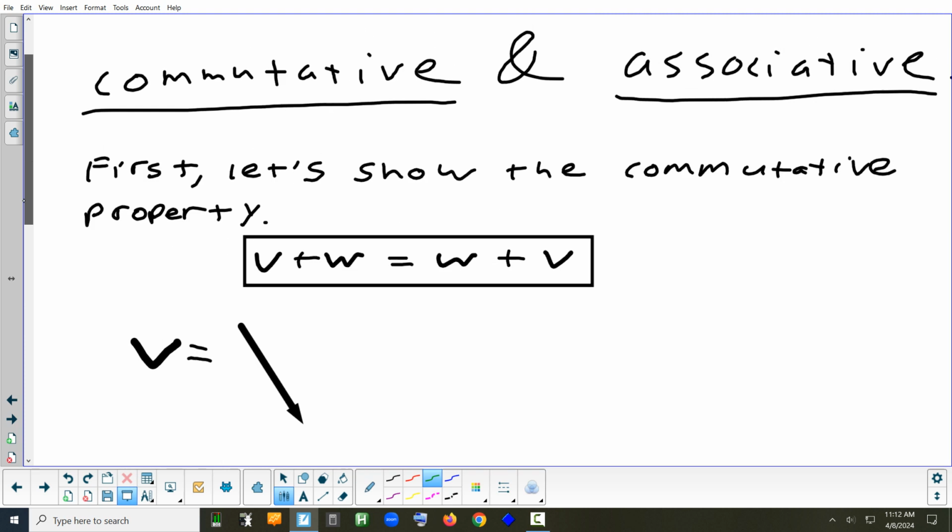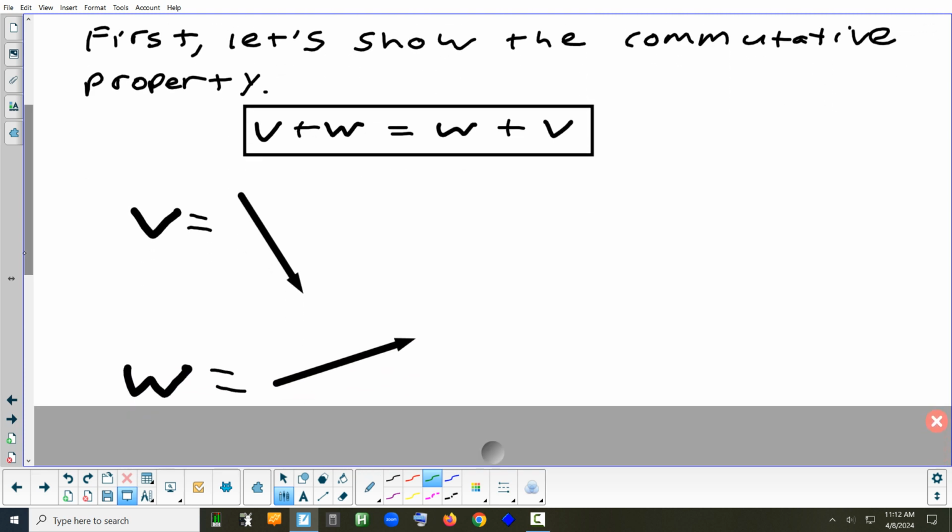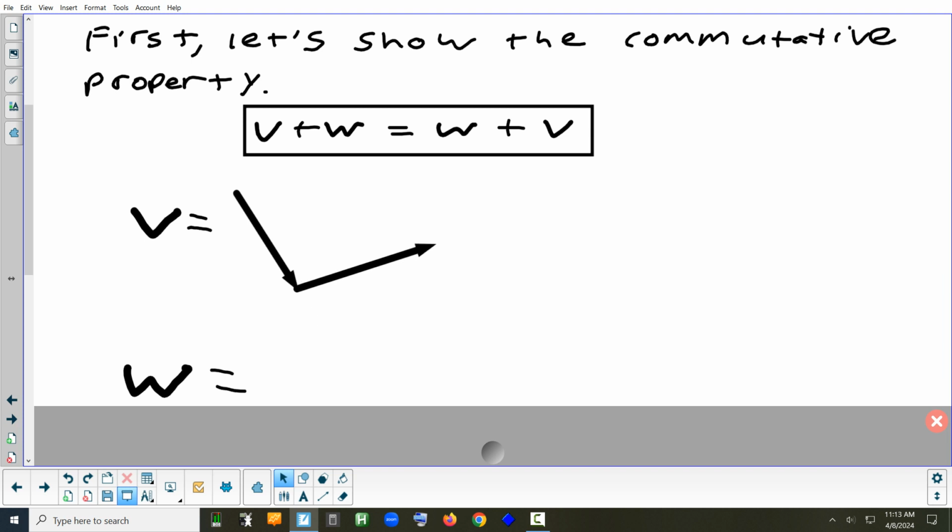All right. So here's V and W. I'm going to do V plus W first. So start with V, put W on the end, and let's draw the final answer. That's V plus W. Now, let me do it the other way.